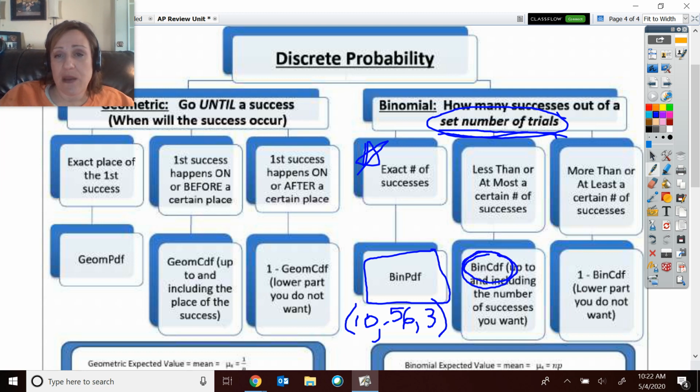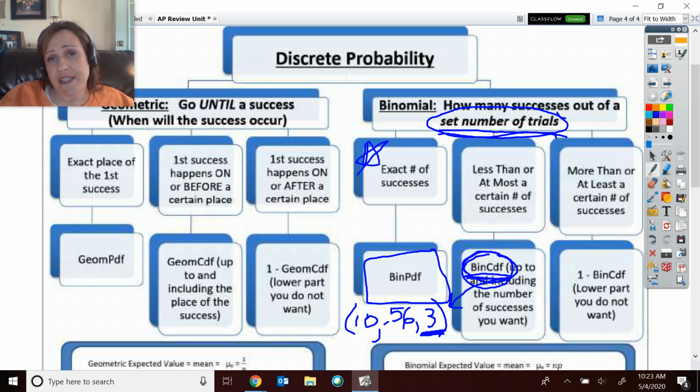Now keep in mind that when you do this accumulating, it's up to and including that third number. So if I want to have 3 or less successes, then I would do binomial CDF of that 10, 0.56, 3.